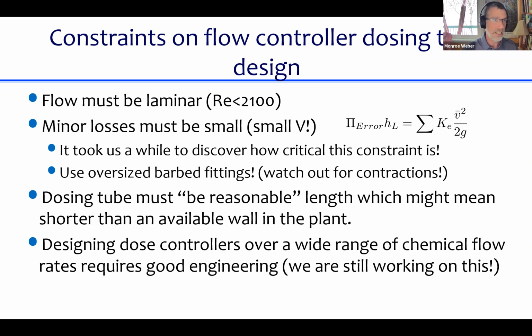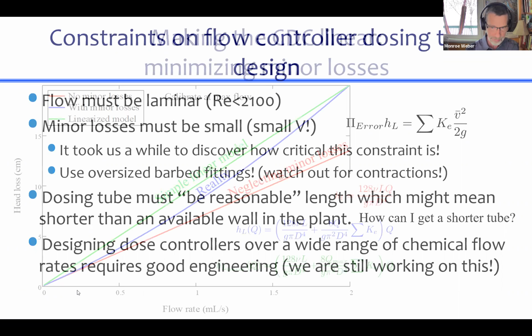And that becomes annoying because there aren't many walls that are that long in a small plant. And so finding a design that has dosing tubes that are a reasonable length ends up being a constraint as well. And all of this requires some good engineering. So I'll have some questions about how we actually get to a viable design.